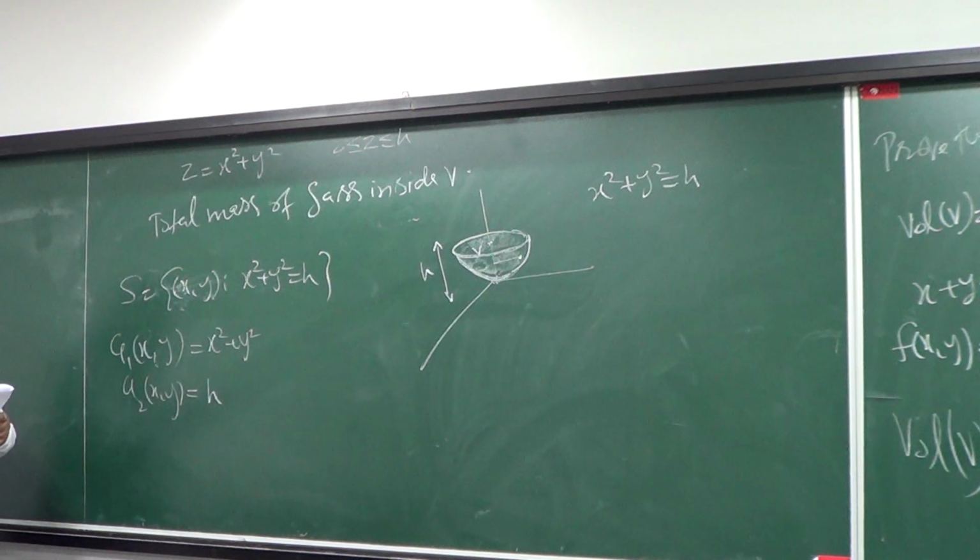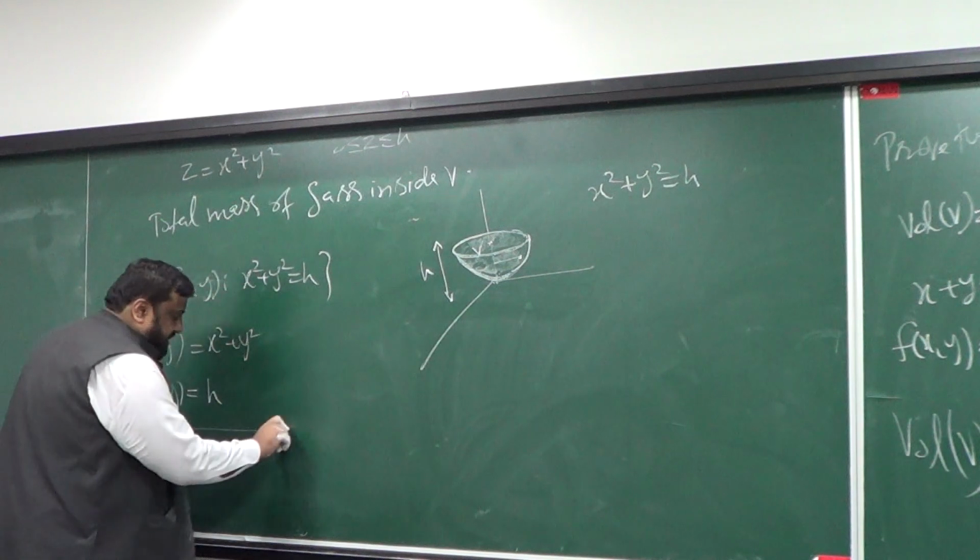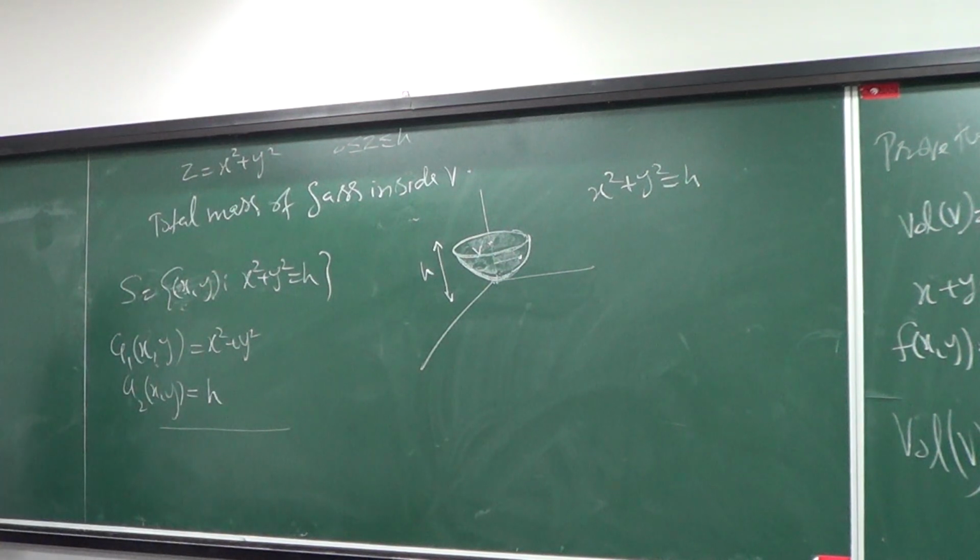So what should be the next thing? But the disk on top is also, h is also an equation of an x square plus y square circle. No, I'm not taking the entire plane.